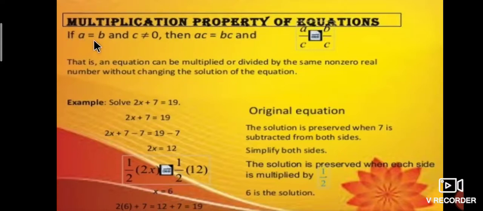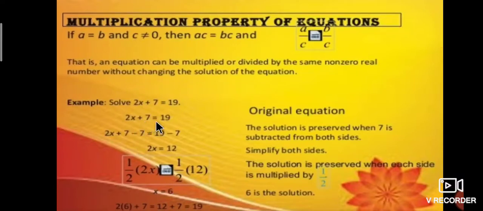If a is equal to b and c is not equal to 0, then a into c is equal to b into c, and a by c is equal to b by c. That is, an equation can be multiplied or divided by the same non-zero real number without changing the solution of the equation. For example, 2x plus 7 is equal to 19.